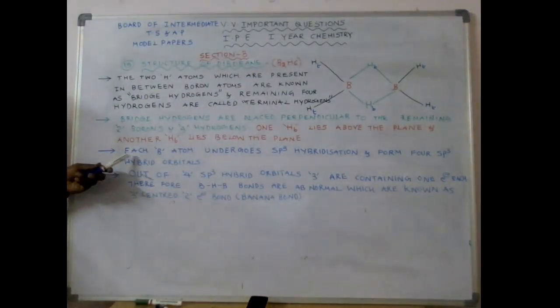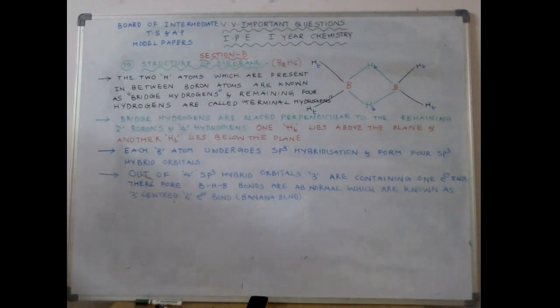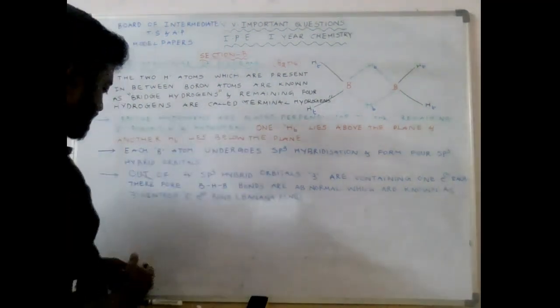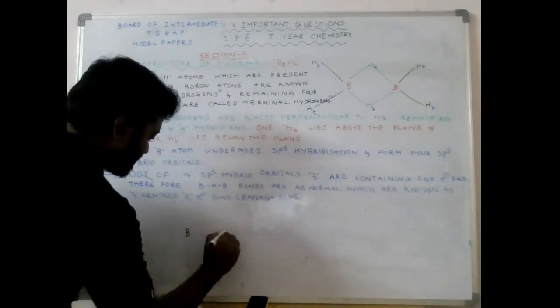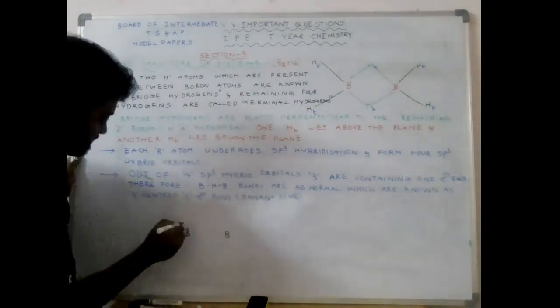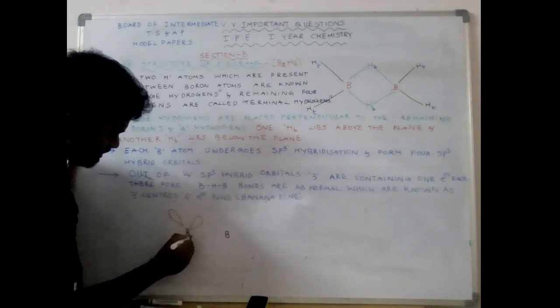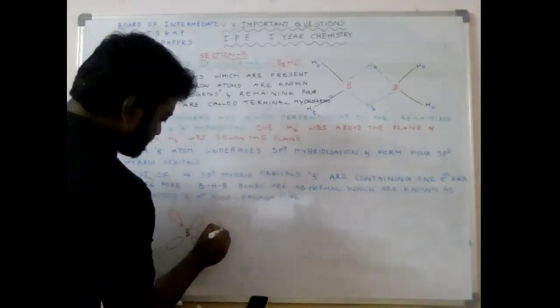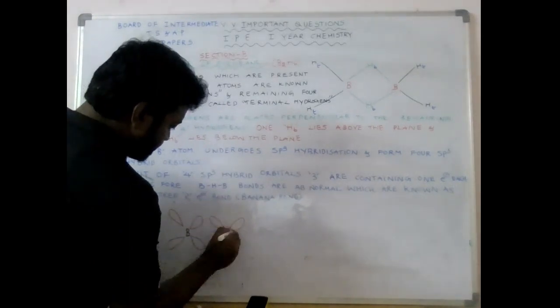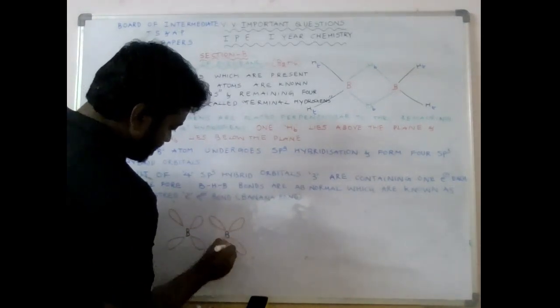So from this you can say that each boron atom is sp3 hybridized, giving four hybrid orbitals, and out of four, each hybrid orbital contains one electron. Try to understand that. Here boron and here also boron. Each boron contains four sp3 hybrid orbitals, I am taking here 1, 2, 3, 4, here also 1, 2, 3, 4.